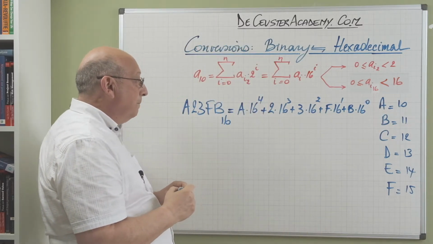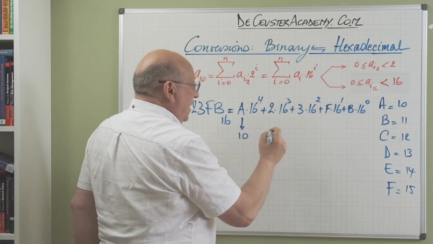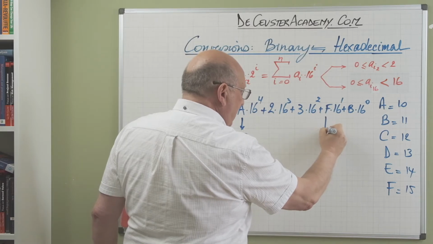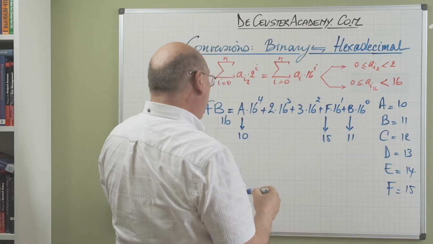Now we know that A is equal to 10, F is equal to 15 and B is equal to 11.